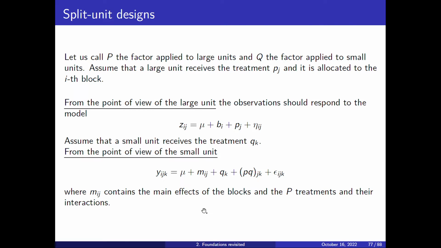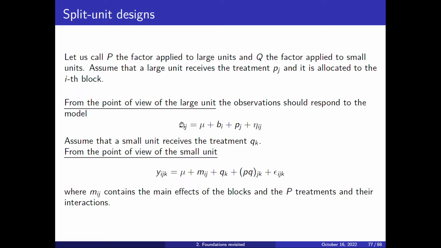And let us call P the factor with large units, so this would be the light, and Q the factor applied to small units, this would be the diet. Let us assume that a large unit receives treatment Pj, and it is allocated in the ith block.